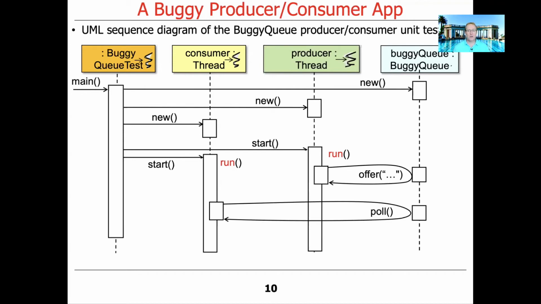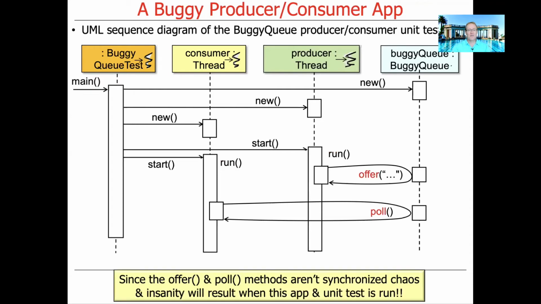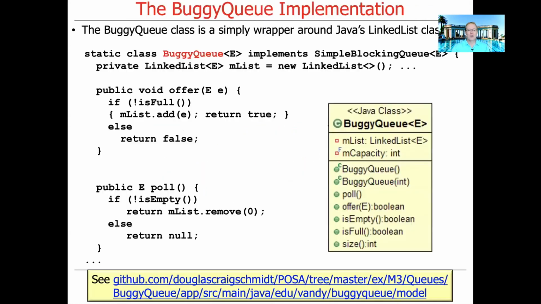Then the producer and consumer will sit there looping, offering elements into the BuggyQueue and then removing elements from the BuggyQueue. So we'll do offer and poll. Of course, because there's no synchronization, the internal fields will be corrupted. As a consequence, chaos and insanity will result when this app and its unit test are run. It's kind of fun to run because you get really bizarre results.